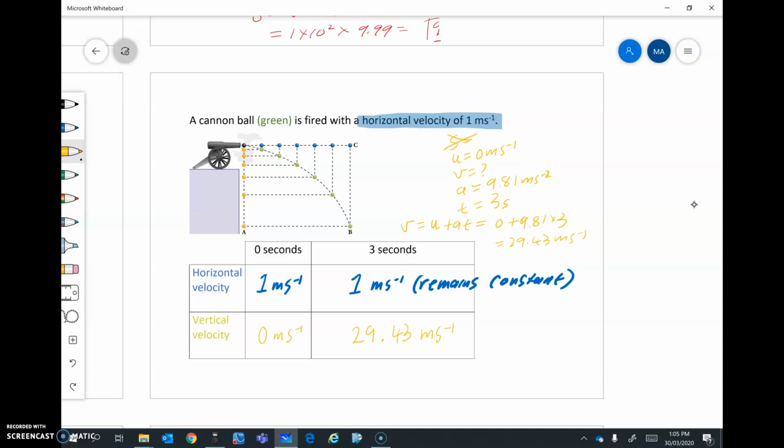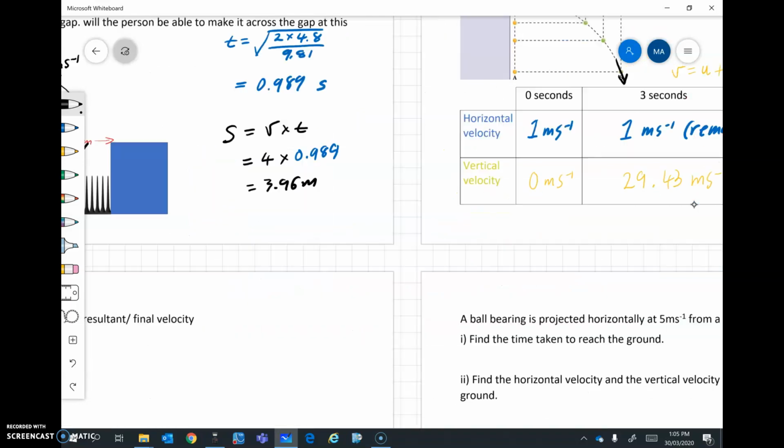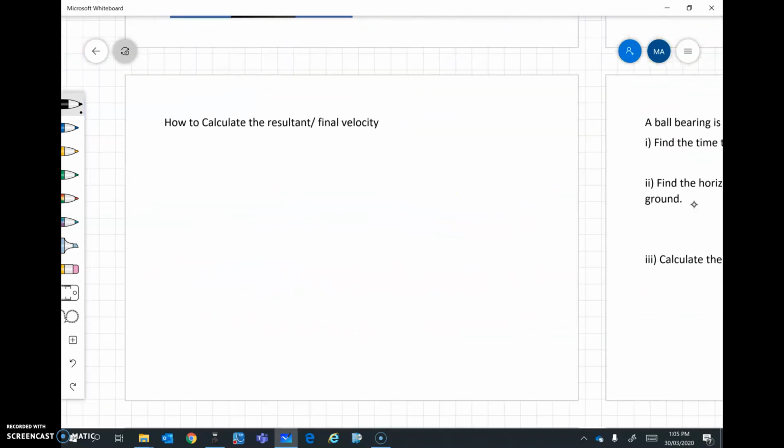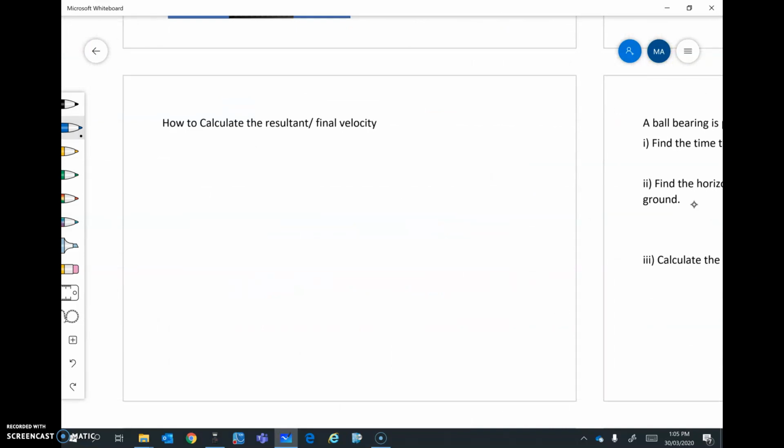So let's look at how we could calculate a resultant velocity based on that. What is the actual magnitude and direction of that velocity at the end? So we take the components of those two vectors, the horizontal velocity, which is at 1 meter per second, and the vertical velocity, which is much larger, at 29.43 meters per second.